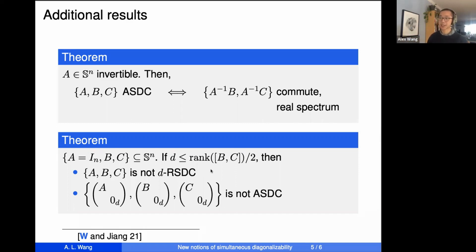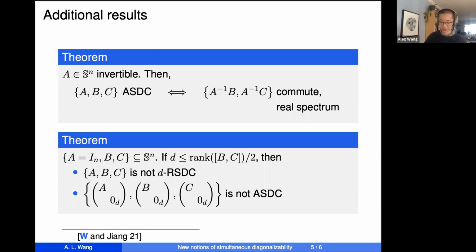And then you might ask, does the one RSDC property hold for 3 matrices? This theorem, this counterexample, shows you that it can't hold for small values of d if B and C have a large rank commutator.